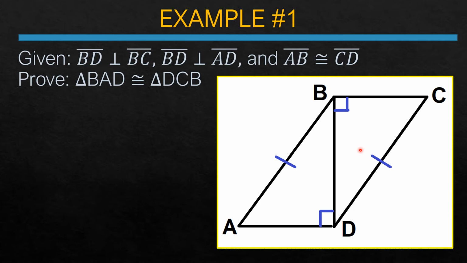Notice that the corresponding hypotenuses of the right triangles are congruent. It is possible that we can use the hypotenuse leg theorem. Line segment BD is a common leg which is congruent to itself by reflexivity. Thus, by the hypotenuse leg theorem, these two triangles are congruent.